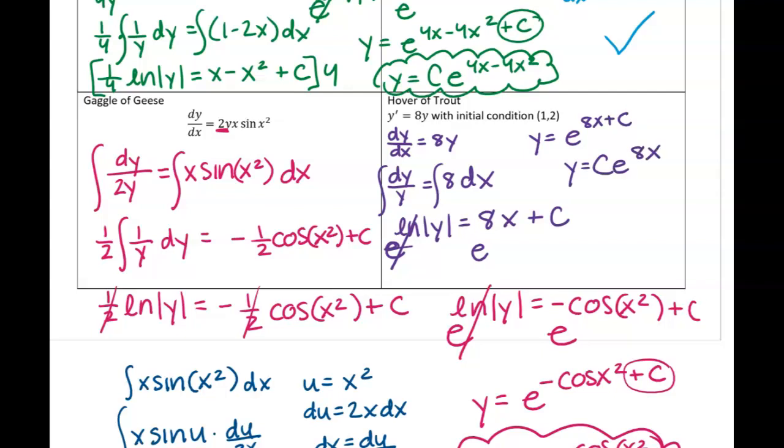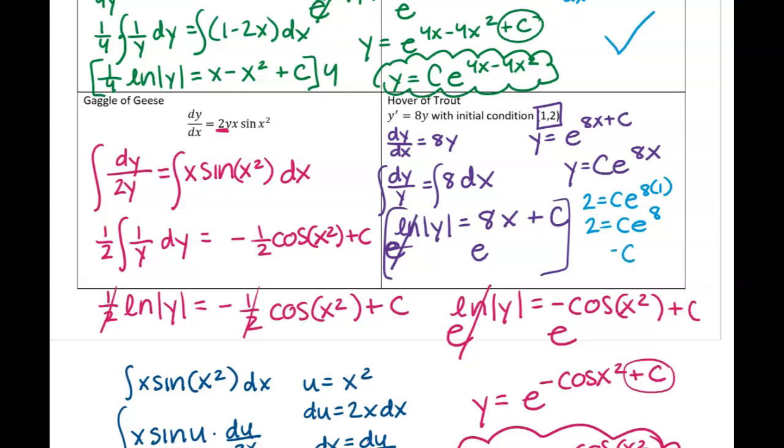And we could have, as soon as we integrated and got to this step, we could have evaluated it at 1, 2, but I waited till now and that's fine too. So then we know that if y equals c e to the 8x, then 2 equals c e to the 8 times 1. So 2 equals c e to the 8th.